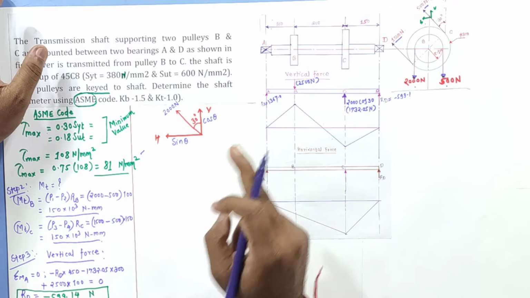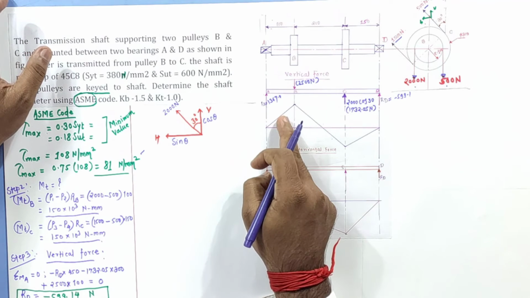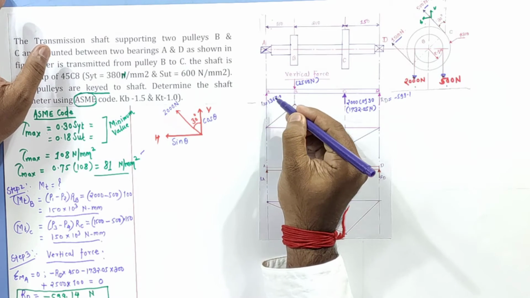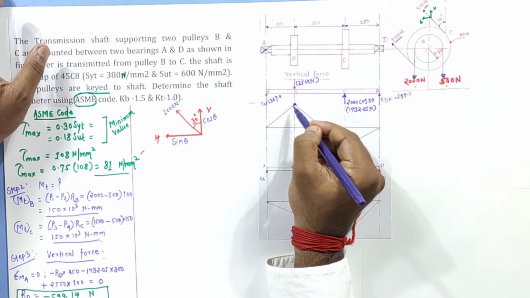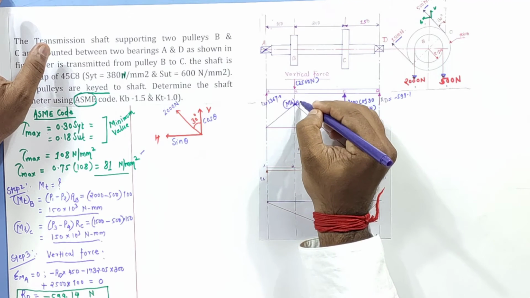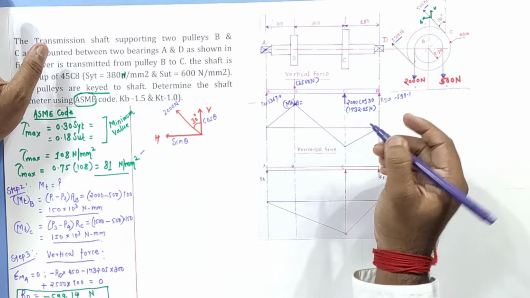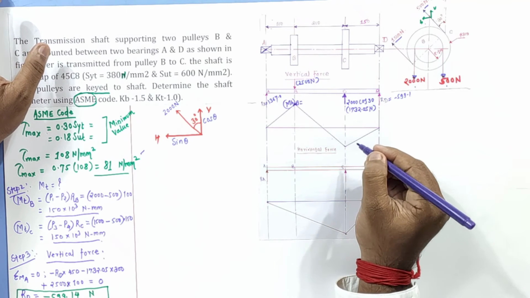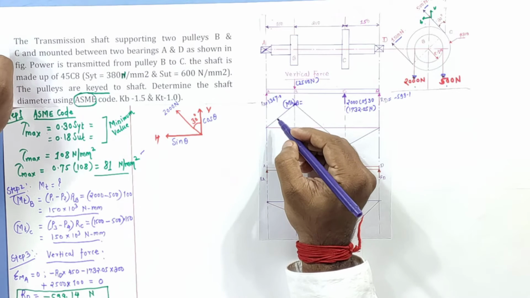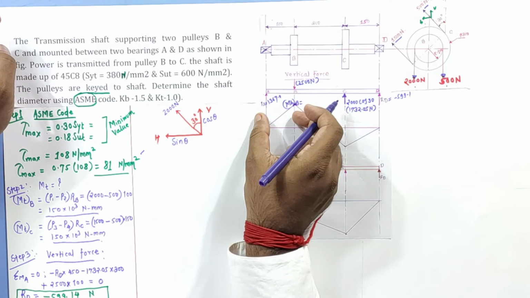Now according to these reactions, we need to calculate the bending moment. For that, easily I can say this will be RA. I'll get the bending moment at this point. So the bending moment at point B, and here the bending moment at point C. How can I calculate the bending moment at point B? Very easy. That is 1367 into 100.